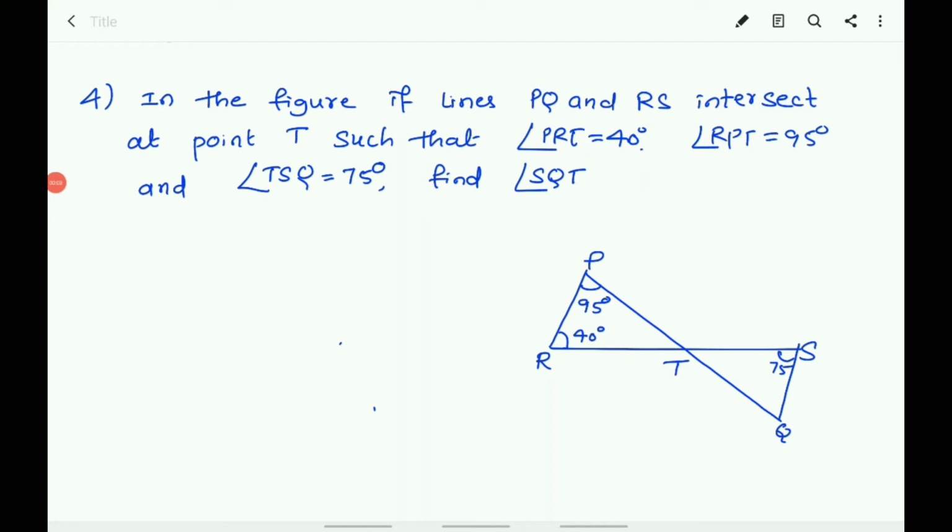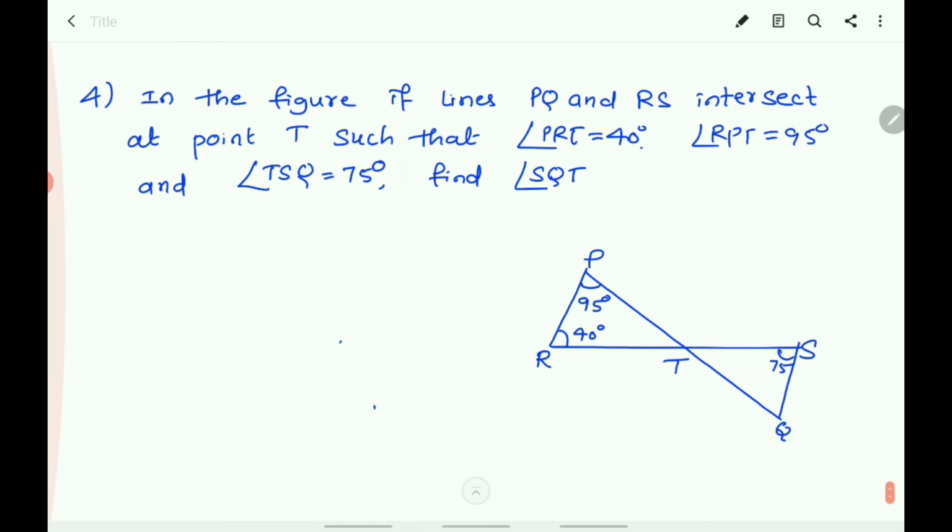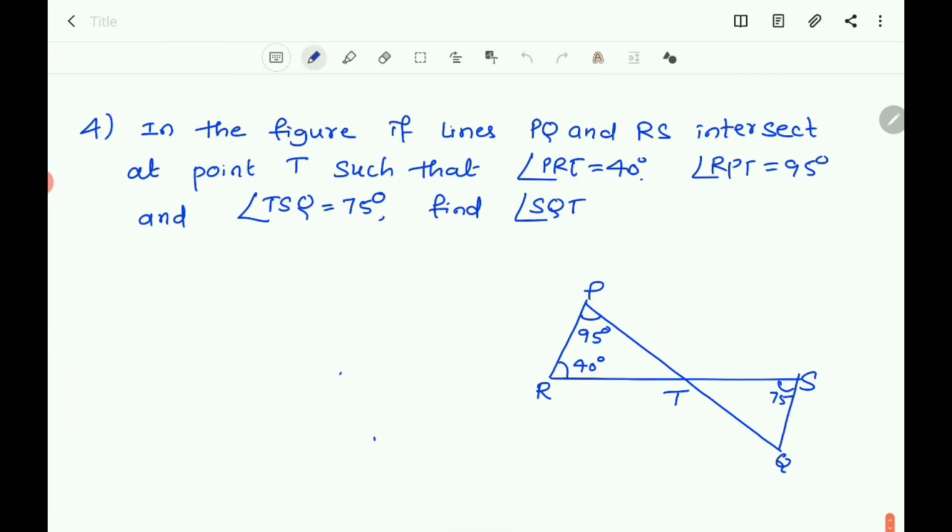Now let us come to the fourth question. In the figure, lines PQ and RS intersect at point T such that angle PRT is equal to 40 degrees, angle RPT is equal to 95 degrees and angle TSQ is equal to 75 degrees. Find angle SQT. So here there are two triangles. In the triangle PRT, two angles are given, angle P and angle R, and we will get the angle PTR by using the angle sum property.